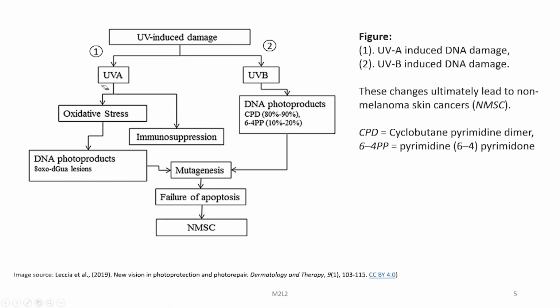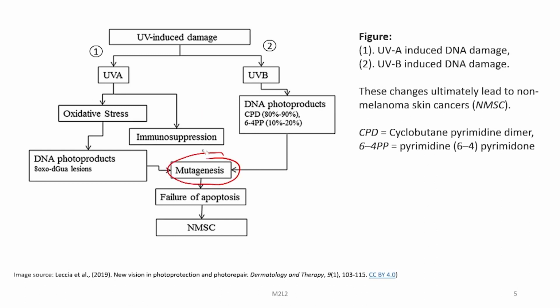Once UVA induced damage occurs, it leads to oxidative stress and DNA photoproducts like 8-oxo-deguanylations are formed. UVA induced damage may also lead to immunosuppression in certain cases, and whenever there are DNA photoproducts as an outcome of this damage, it leads to mutagenesis.